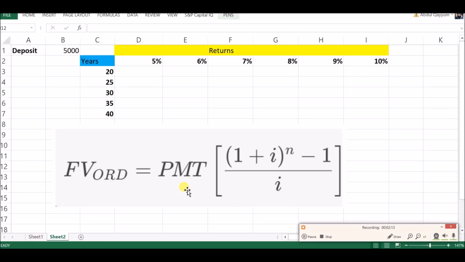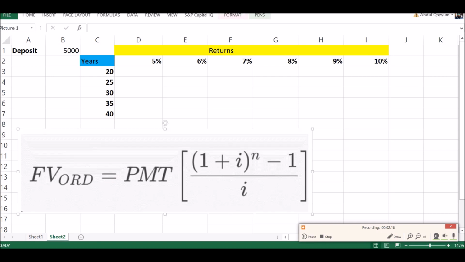To solve this, we can use this formula, which is an annuity formula. I'm sure you have used it in the basic finance courses when you studied the time value of money. This is the payment, the annual payment, which is 5,000 in this example. Then we have i, which is the interest rate, given over here, 5%, 6% till 10%.